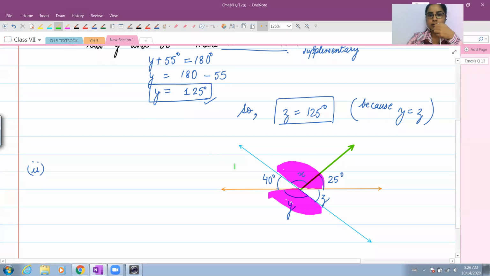Yes, ma'am, Z is equal to 40. Yes, this angle will be equal to this one. Now, can you write down vertically opposite angles? This angle over here, the one I have marked in pink right here, this is X and 25 together.